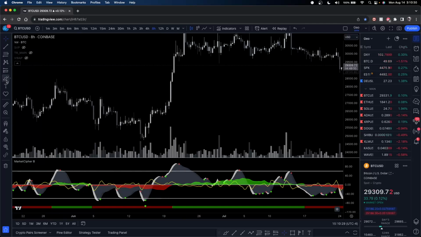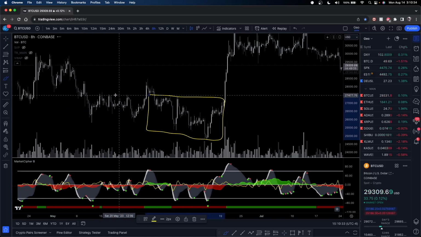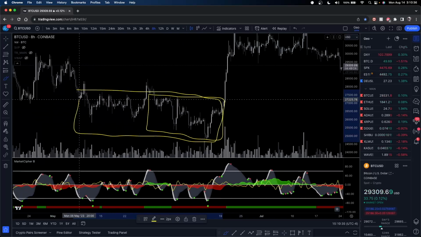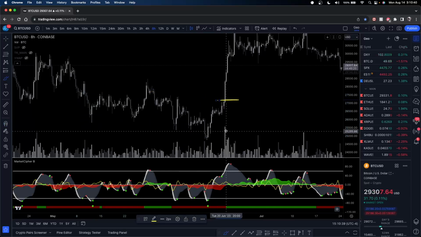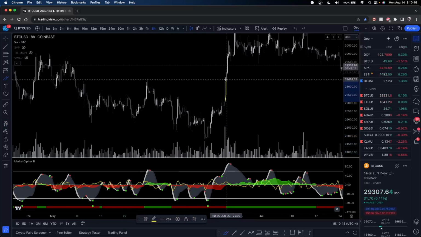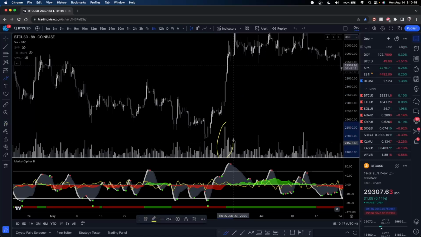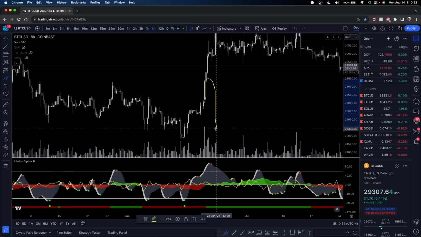We were in this sideways range for however long that was. Actually, it even goes further back. We were in this sideways range, and once we had our break, we had a massive amount of volume on the bottom here to carry out the move. This volume candle was the clue that this was not going to roll over and be a fake out. One of the clues.